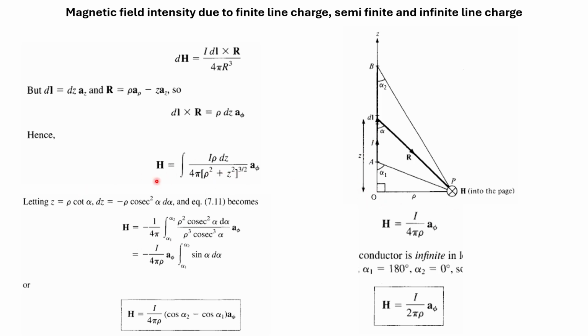Now, in order to integrate this, it is not easy. That is why let's replace the values of rho and z in terms of trigonometric functions. So replace z equal to rho cot alpha. Then differentiating, dz will be minus rho cosec square alpha.